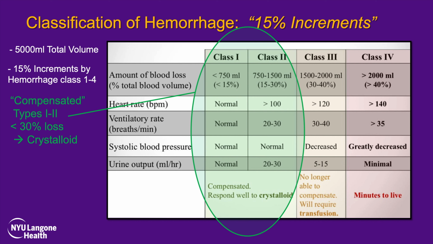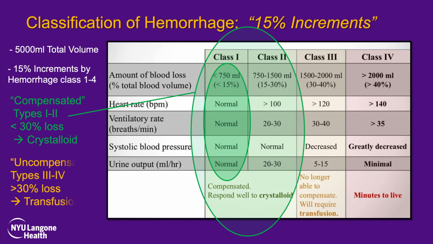As you move past the rule of 15%, past 30%, when you move to class 3, and again, I outline here, this class 1, all your vitals are normal. You can lose up to this much blood. It's essentially donating a unit or two of blood, not a problem. But as you move on to uncompensated shock, which is the second half here, class 3 and 4, you've now lost at least 30% of your blood volume, okay, of your 5,000 mLs, and you now need a transfusion.